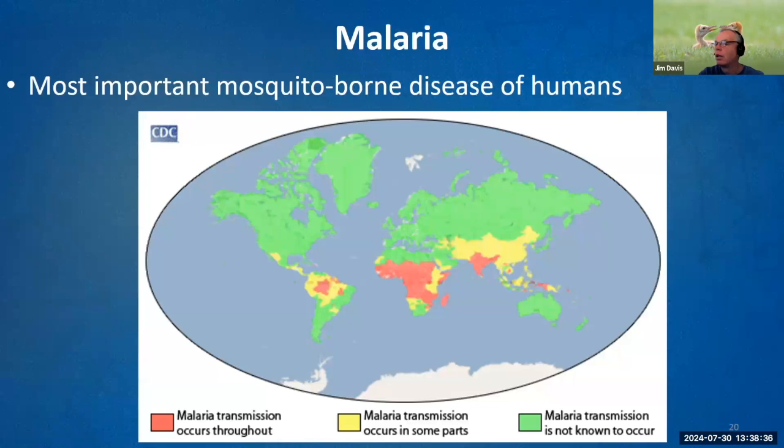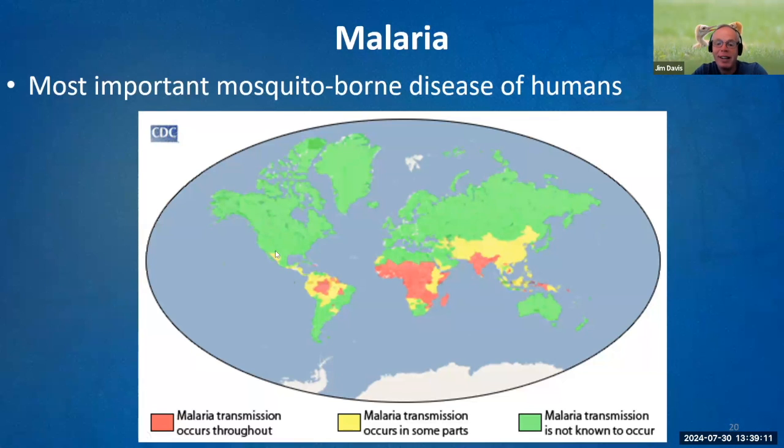All right, so malaria, again, is the most important mosquito-borne disease for humans. You can look at the different areas. I think most people are not surprised that Africa has malaria. I think they're surprised when they see parts of South America and other parts of the world that have malaria, because a lot of the kids just think Africa, and no, it's way more spread than that.